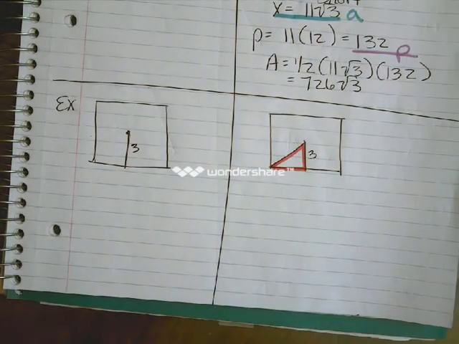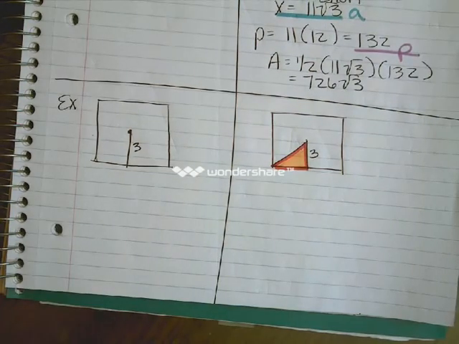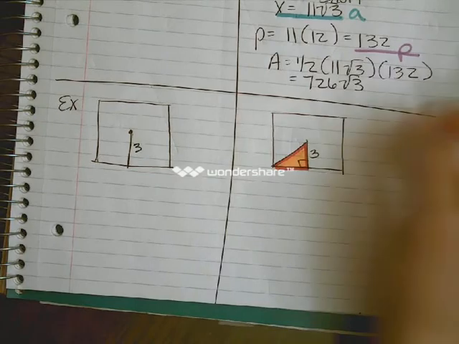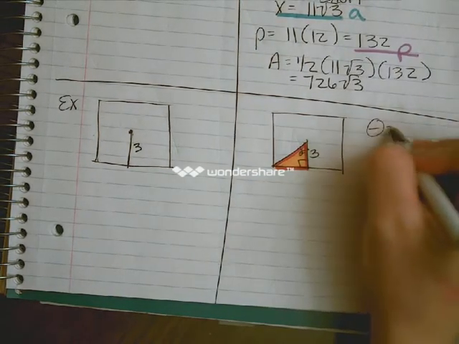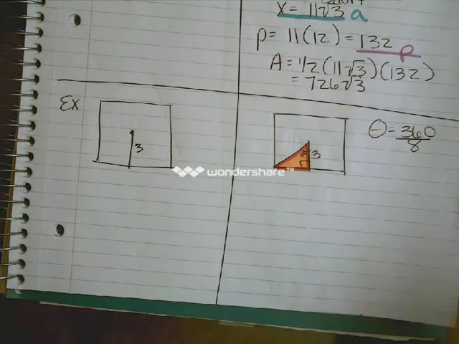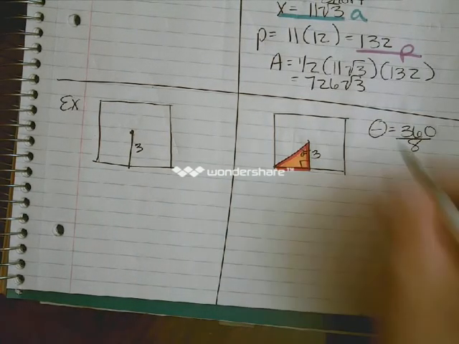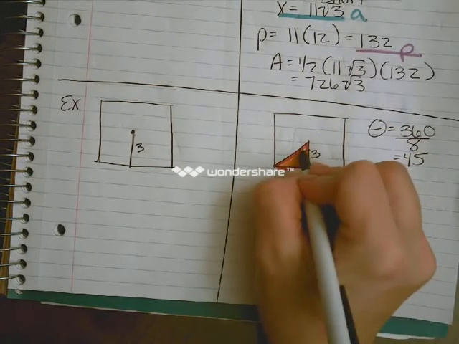Okay, step 2, find the angle. There's 4 sides, so we're going to divide by 8, which equals 45. If this is 45, then that makes this 45, which means this is an isosceles triangle. That means x equals 3.